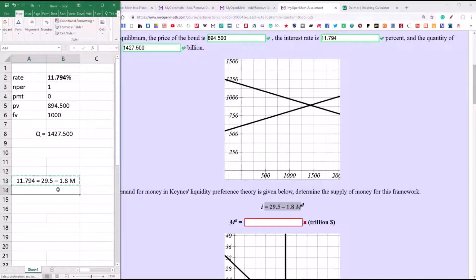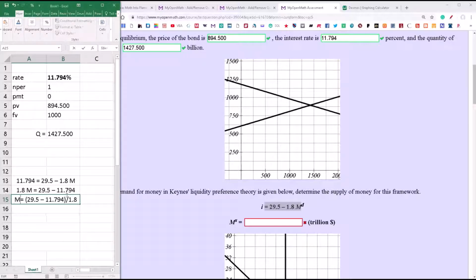Then I'm going to rearrange: add that to both sides, subtract this from both sides, and divide both sides by the 1.8. So that's what the quantity of money is.